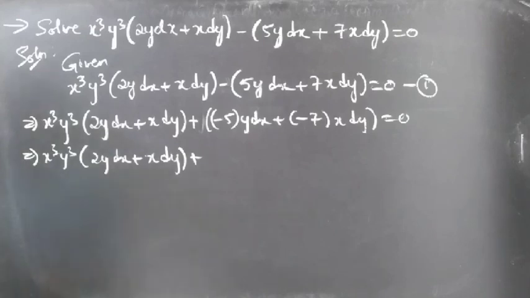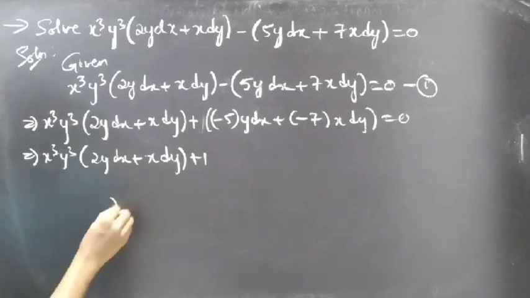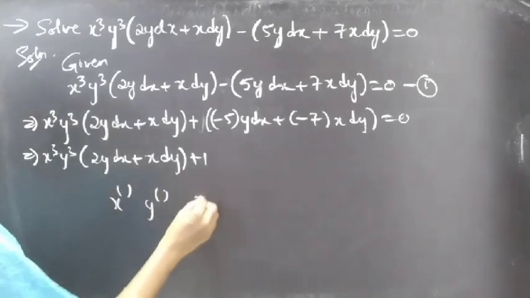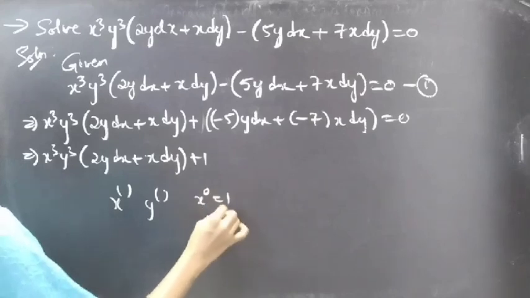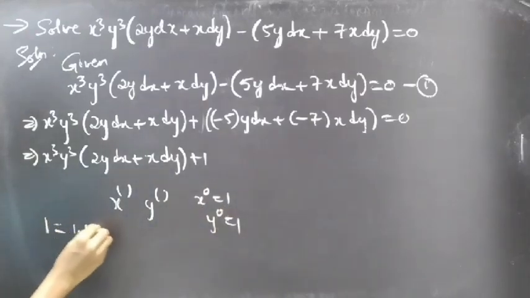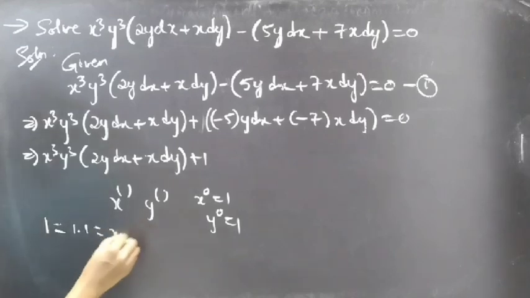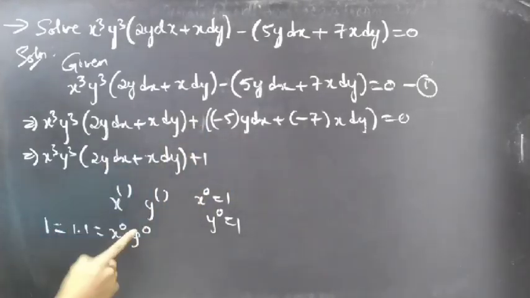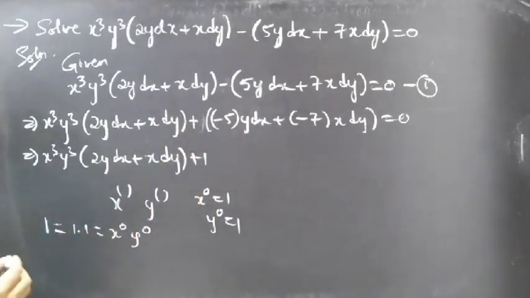We can consider it as 1. And we can write this 1 in terms of x to the power and y to the power. Since x power 0 is 1 and y power 0 is 1, we can write 1 as 1 into 1. We'll replace 1 by x power 0 and another 1 by y power 0, so that we can write this 1 as x power 0 into y power 0 for our convenience.